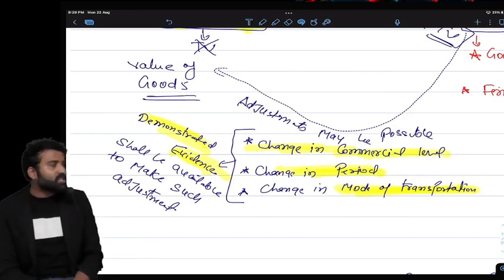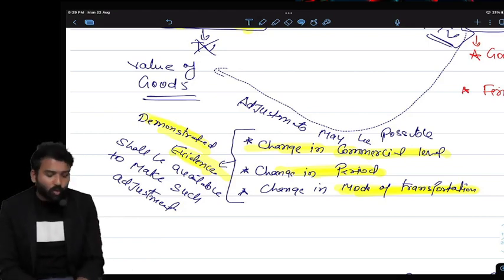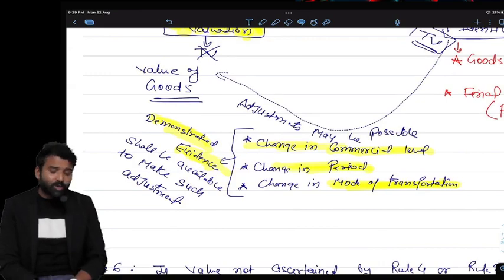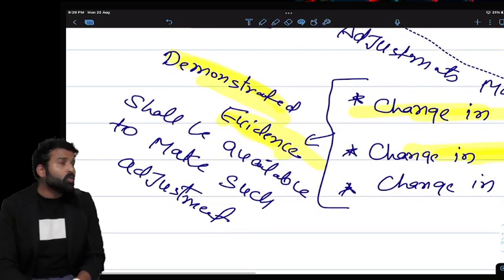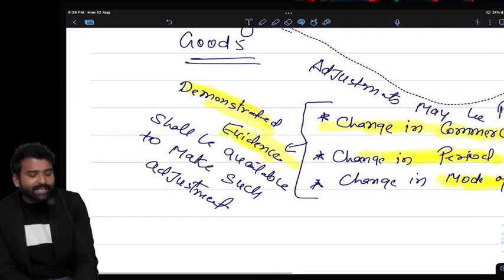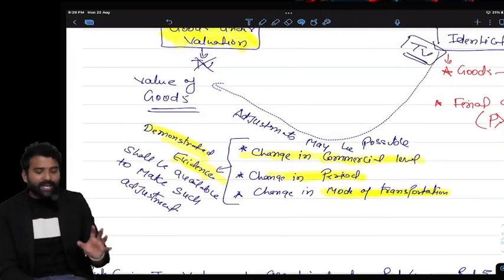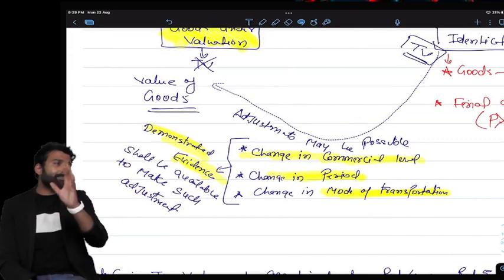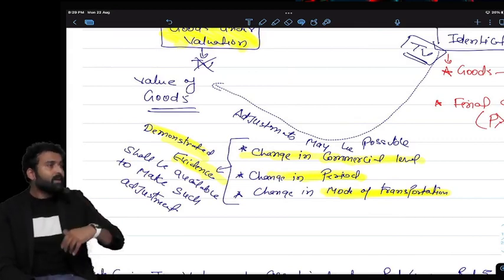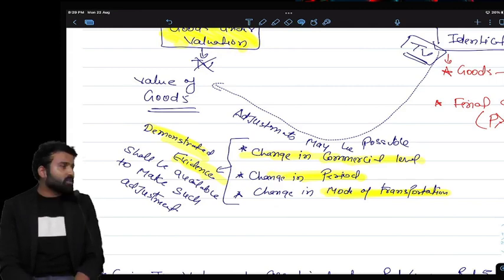Because of the commercial level, the time period, and the mode of transportation, it is allowed to adjust the price of the identical or similar goods, but you need evidence to prove that. If you have evidence that supports that the adjustment is appropriate, the officer will allow you to adjust the price.